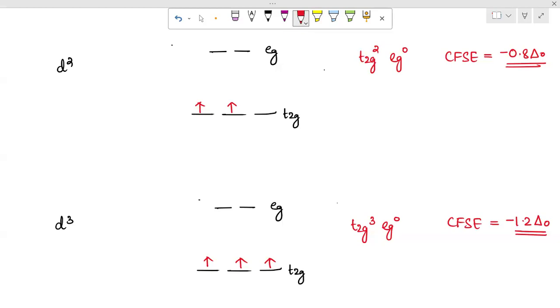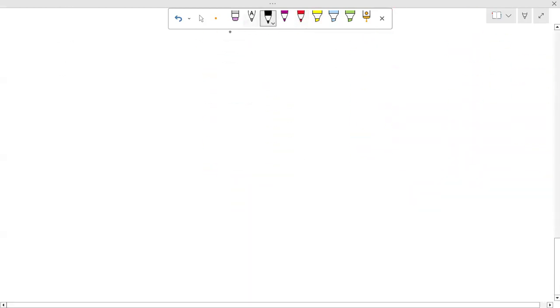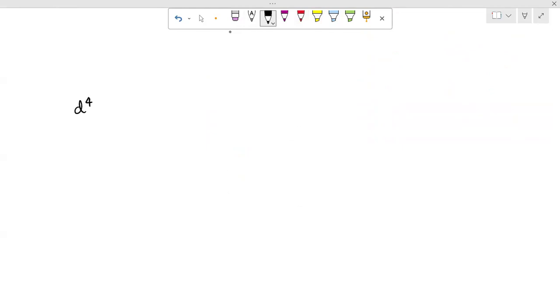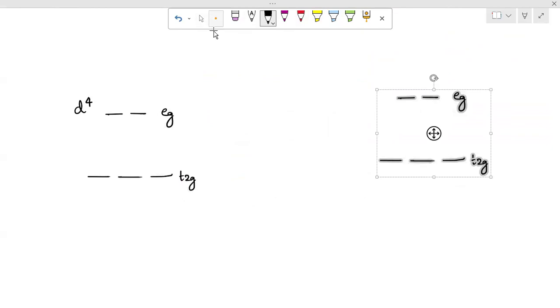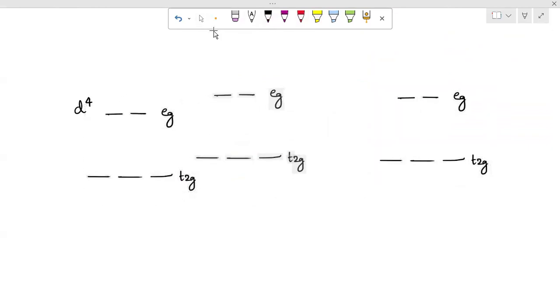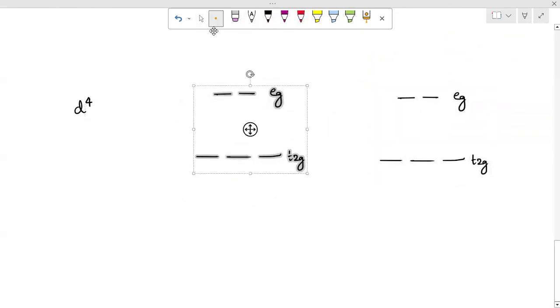Okay. Now, when it comes to d4, understand, d4 can have two possible states. One is where 1, 2, 3, and the fourth one goes to the top.